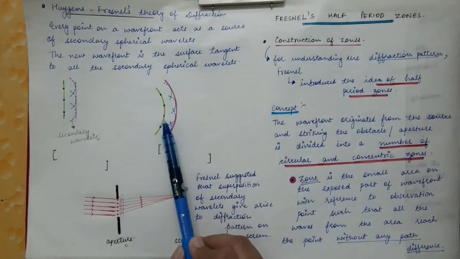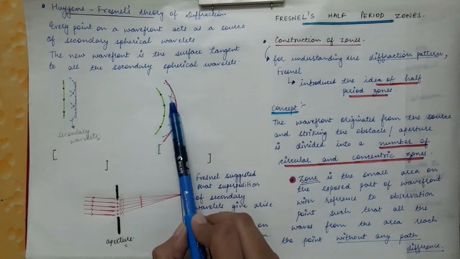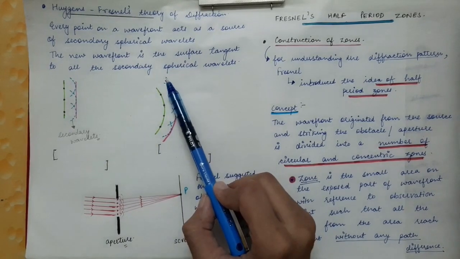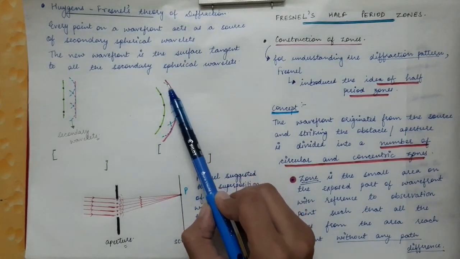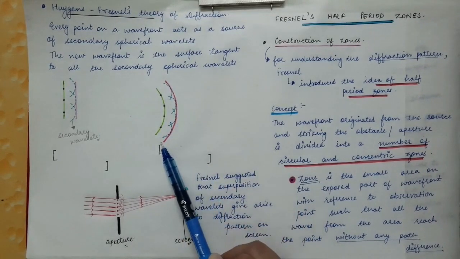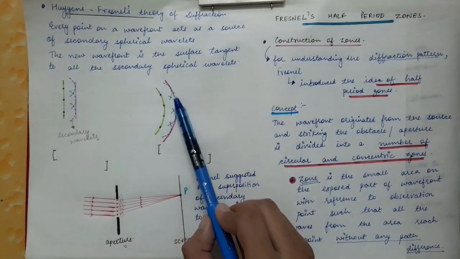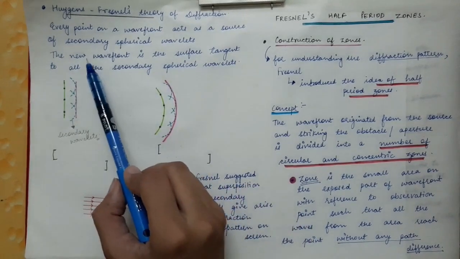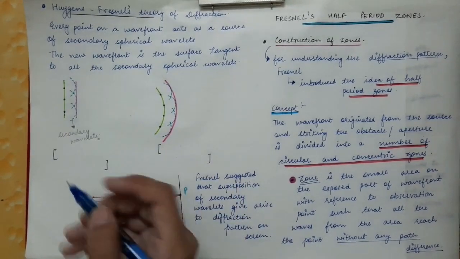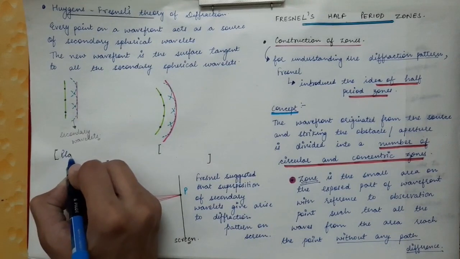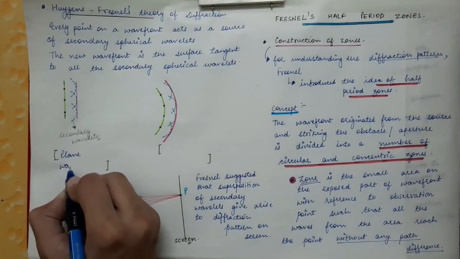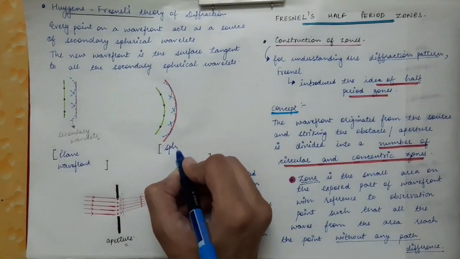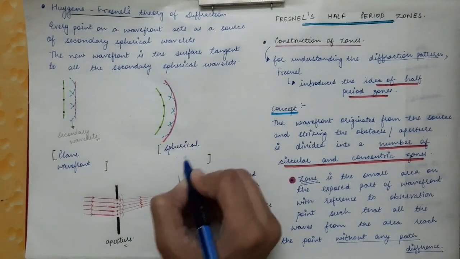So every point will act as a point source and emit spherical wavefronts in the forward direction, and when we join all the tangents to these secondary spherical wavefronts, it will give rise to the new wavefront. So the first case is for the plane wavefront, and the second one is for the spherical wavefront.